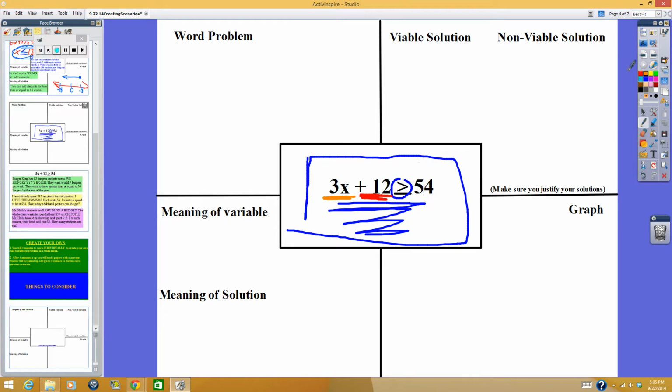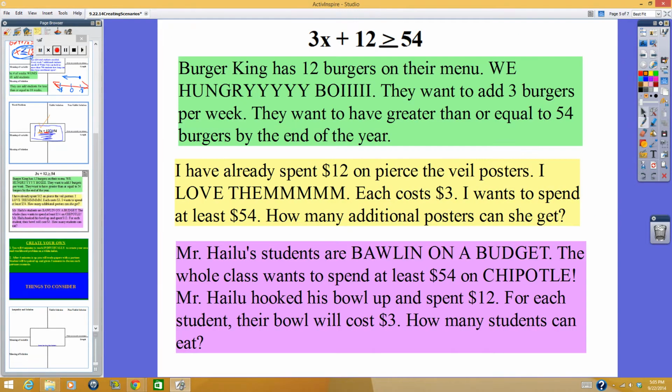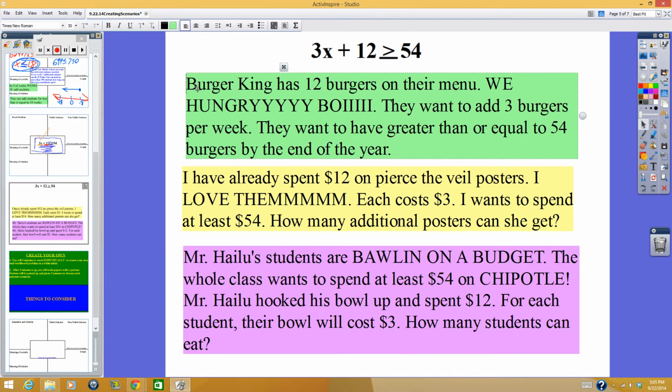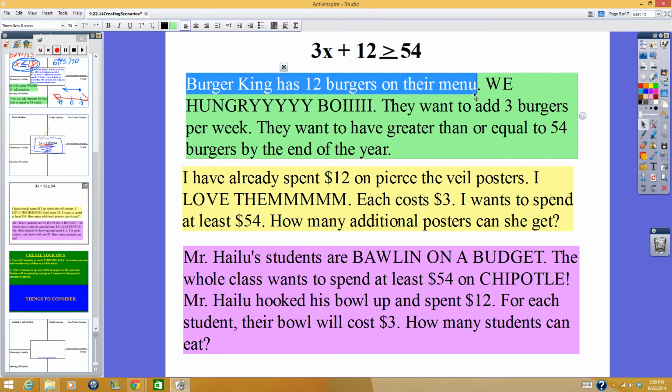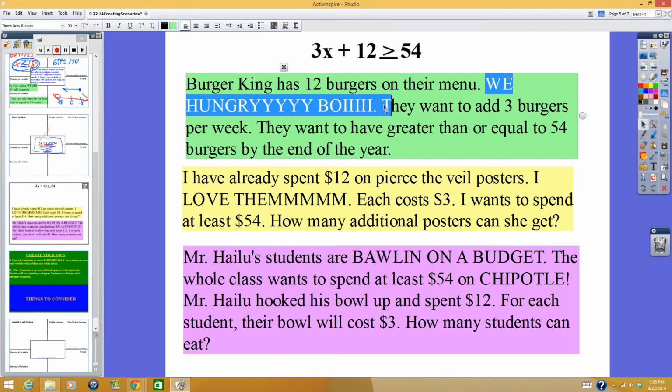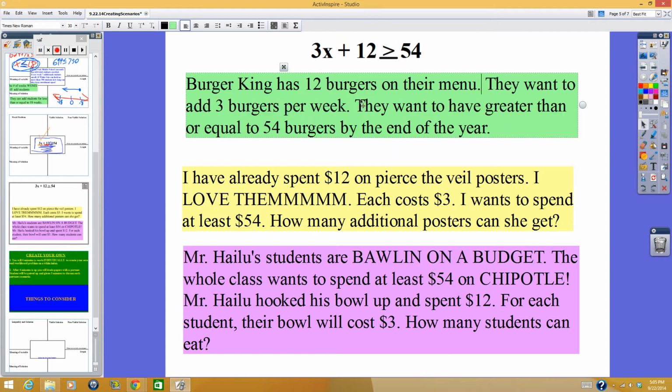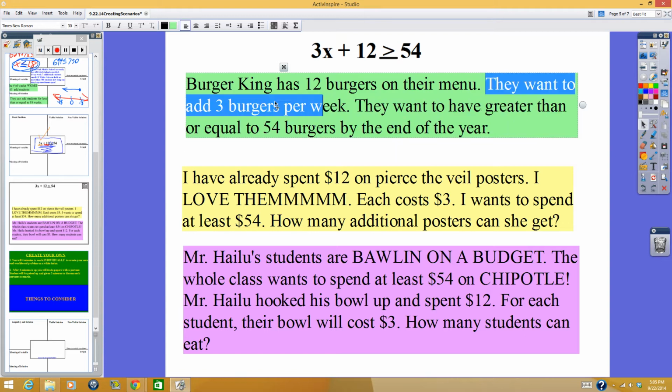To show you some examples of this one, which we did during class, just to help you see some other people's examples. This first one is: Burger King has 12 burgers on their menu. They want to add 3 burgers per week, which would explain why the variable is next to 3, right?